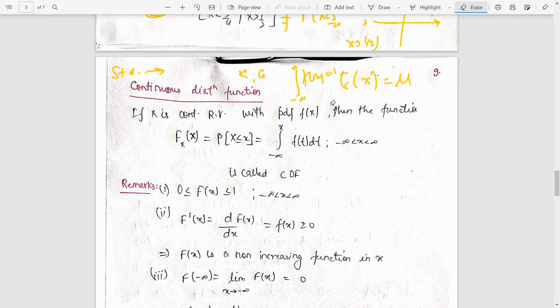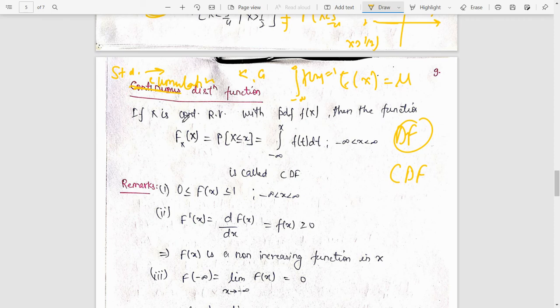But let's now just focus on some more things related to distributions. In the discrete case, we had a distribution function. In this case also we have a continuous distribution function, which is called the CDF, the cumulative distribution function.